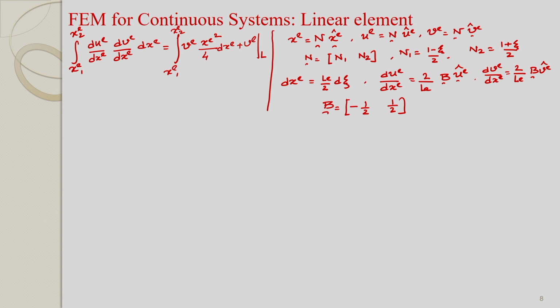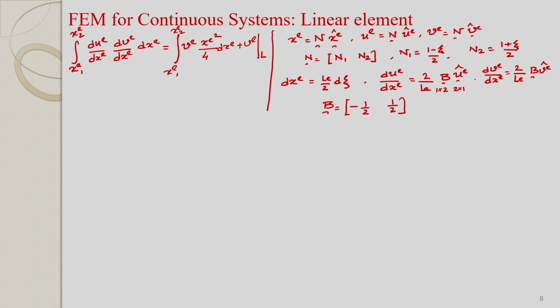So, we can write this dUE dxe dVE dxe. If you see the expression of dUE dxe, this B is 1 cross 2 and UE is 2 cross 1. Now, finally, this multiple, that is one scalar quantity.